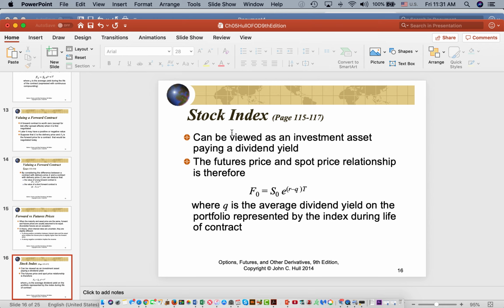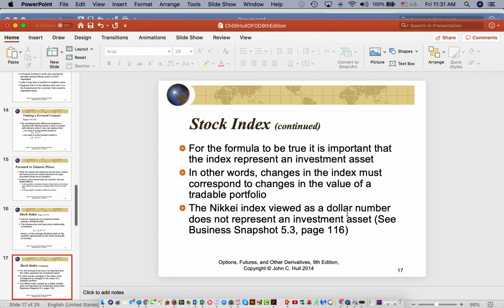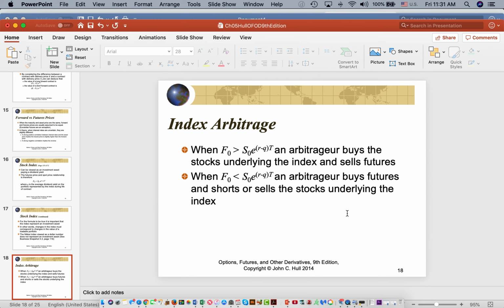And you can do the same thing with the cost of carry model with stock index, and these are the ones, I mean, for dividend paying yield, the interest rate is there, the cost of carry, and then Q is the one. Then again this same rule applies, that if F sub 0 is greater than the right hand side, then you should buy the stocks underlying the index and sell the futures.